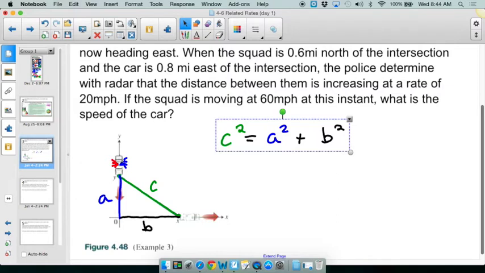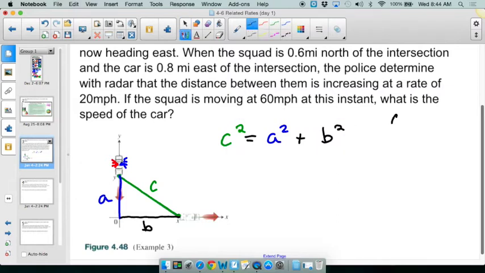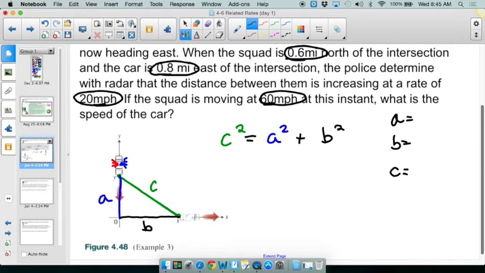So let's go ahead and make a little chart here. A equals, B equals, C equals. At this instance, we've got this information.